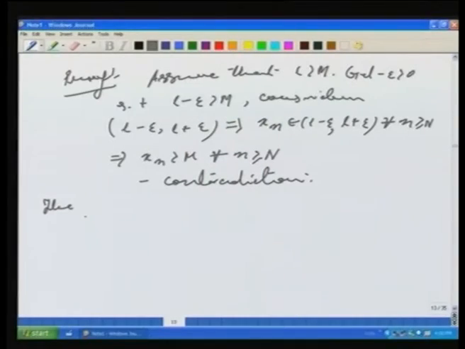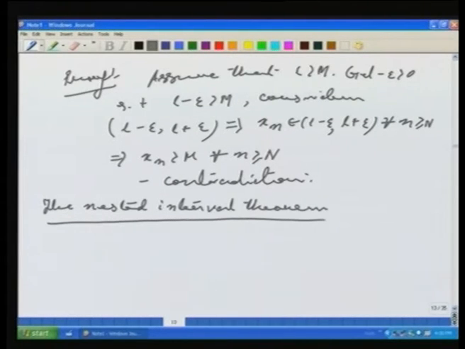The next thing I need is called the Cantor intersection theorem, or the nested interval theorem. It is again another statement which seems intuitively very clear, but surprisingly it requires a proof.